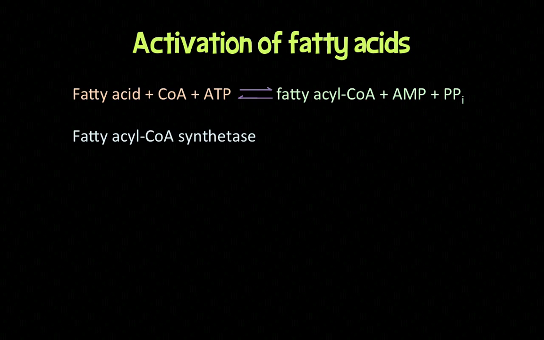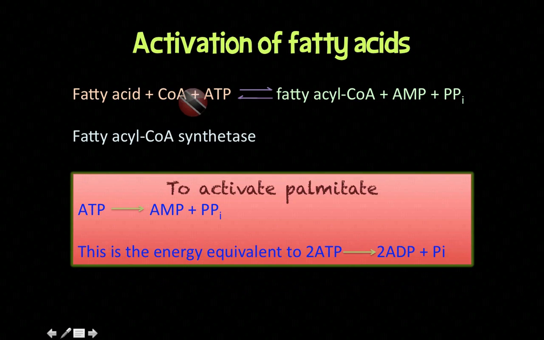So let's talk a little bit more about that. The ATP is being converted to AMP. So ATP is adenosine triphosphate. In other words, there are 3 phosphates. And AMP is adenosine monophosphate, which means it has 1 phosphate. So to go from triphosphate to monophosphate, you have lost 2 phosphates.